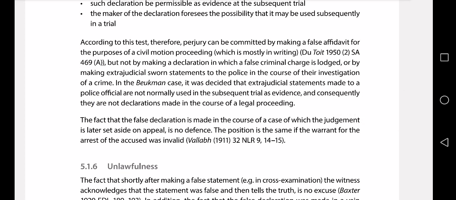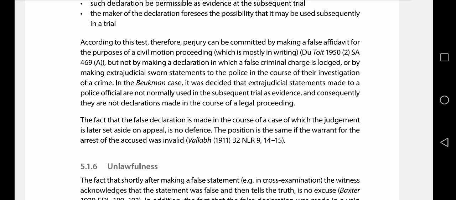According to this test, therefore, perjury can be committed by making a false statement for the purpose of civil motion proceedings, which is mostly in writing, but not by making a declaration when a false criminal charge is lodged, or by making an extrajudicial sworn statement to the police in the course of their investigation of a crime.